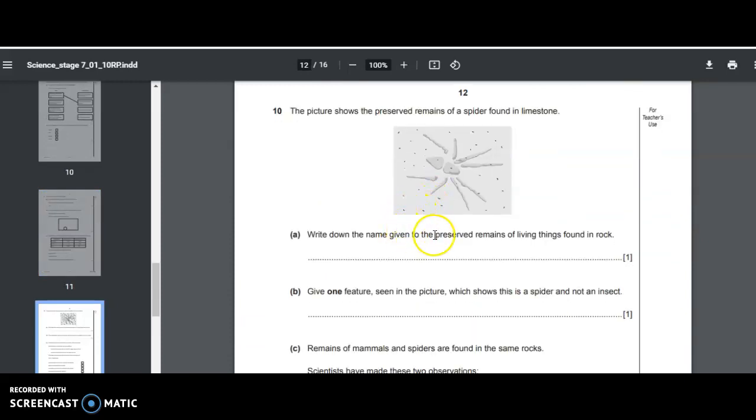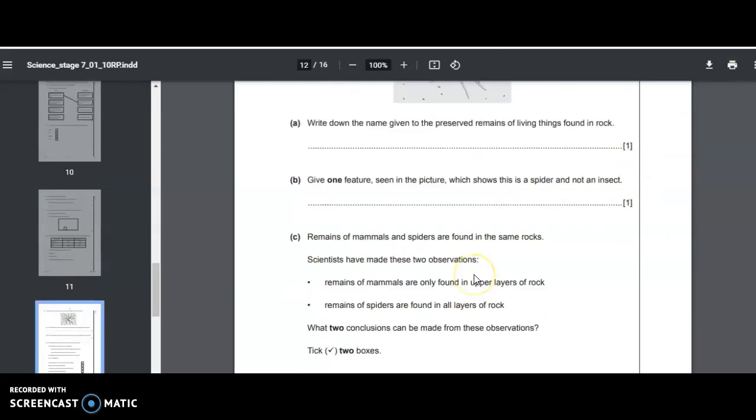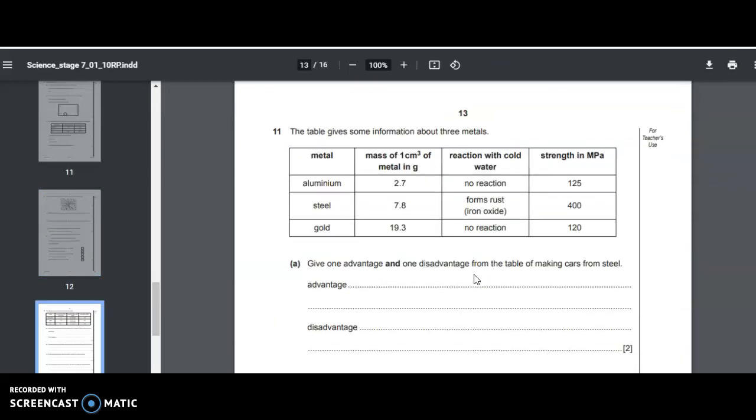Write down the name given to preserved fossils. Give one feature that can be seen which shows the spider is not an insect. Because it has 4 pairs of legs and 2 body segments.